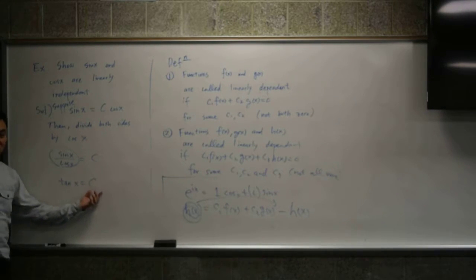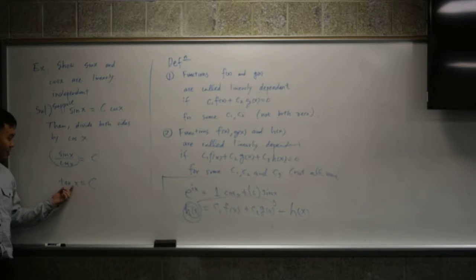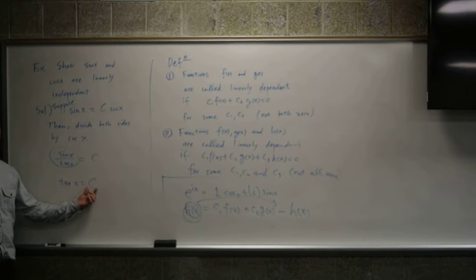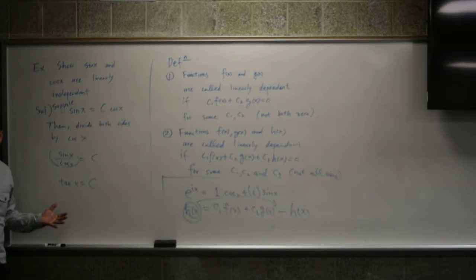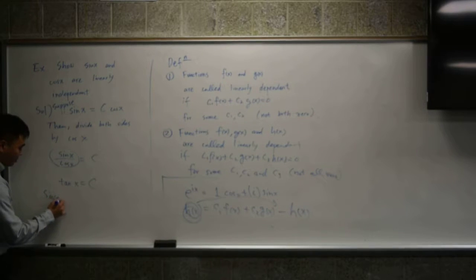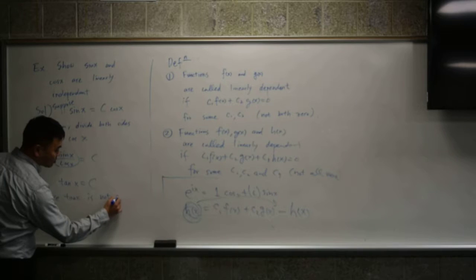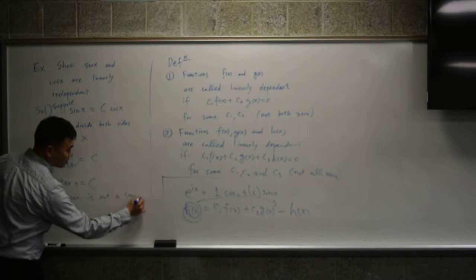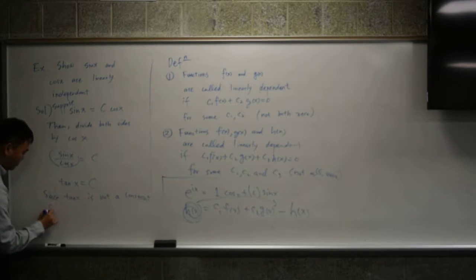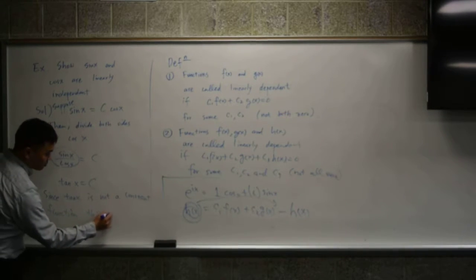What does this equation imply? That for all values of x, tangent of x is always equal to some constant. That's what this is saying, right? Is that right? No. Tangent is not a constant function. It never was, right? So since tangent x is not a constant function, this is a contradiction.